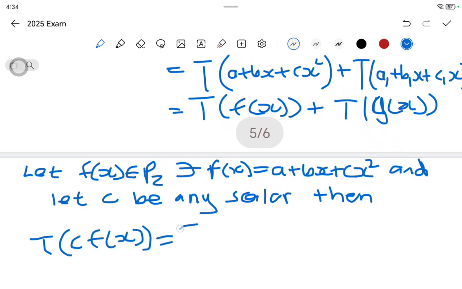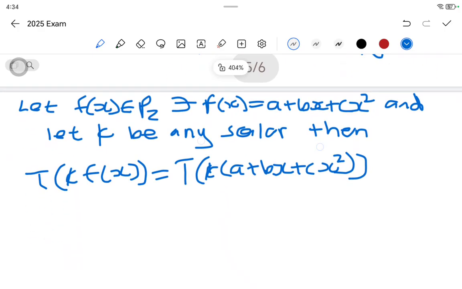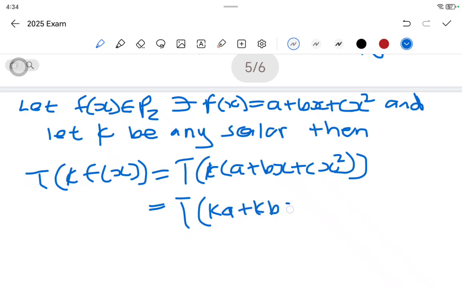This is going to be equal to T, then we plug what we know here, a plus bx plus cx squared. No, let me not use c, let's use k, because I already have c inside. And then this is going to be equal to T of ka plus kbx plus kcx squared.